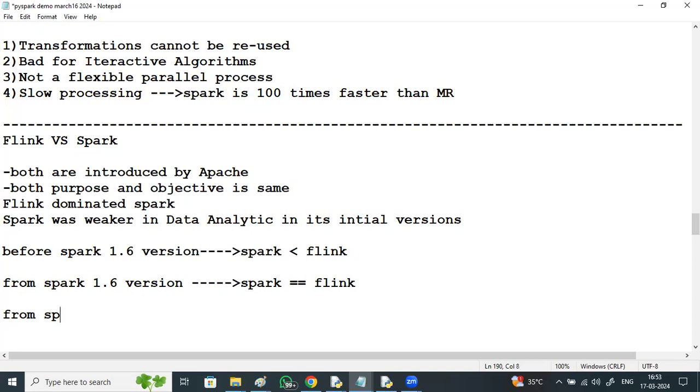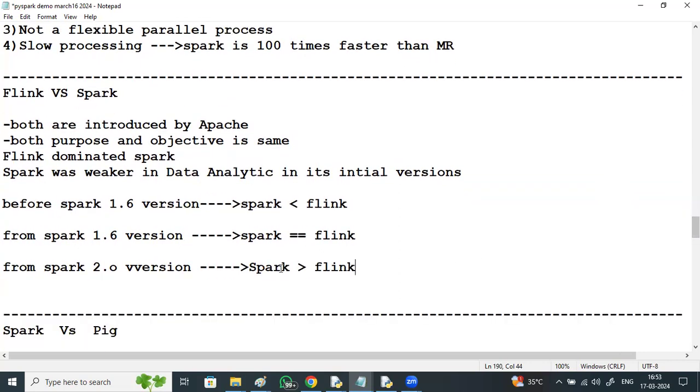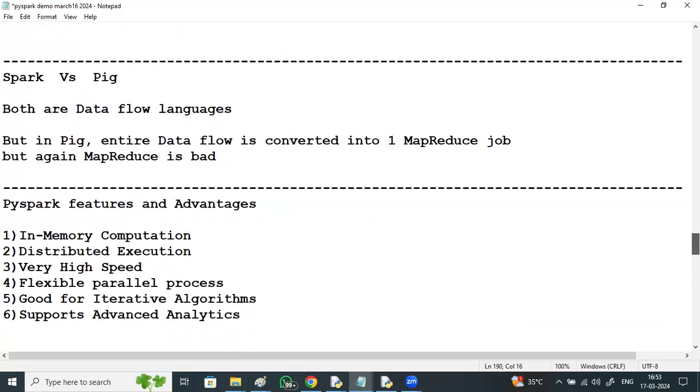From Spark 2 onwards, Spark totally dominated Flink again, with many libraries introduced for ML, streaming and graph algorithms. Now Spark is running in the market again.